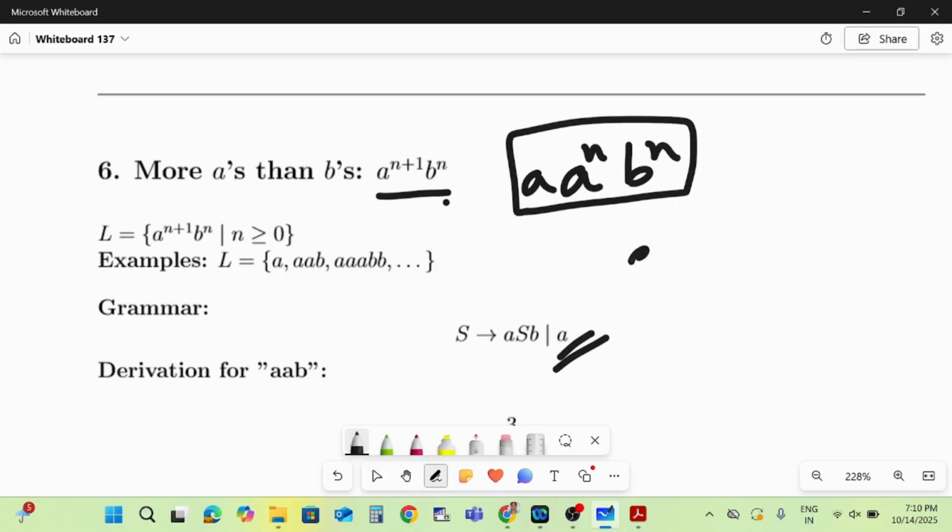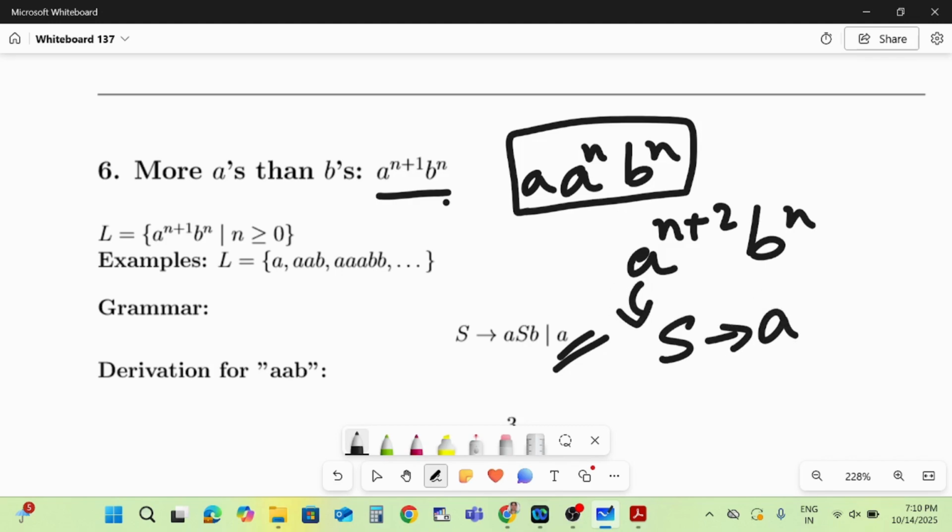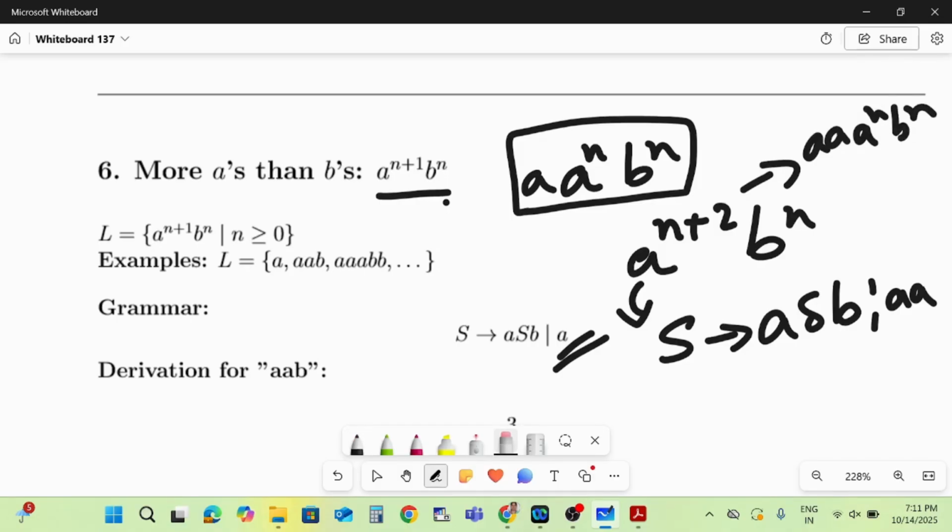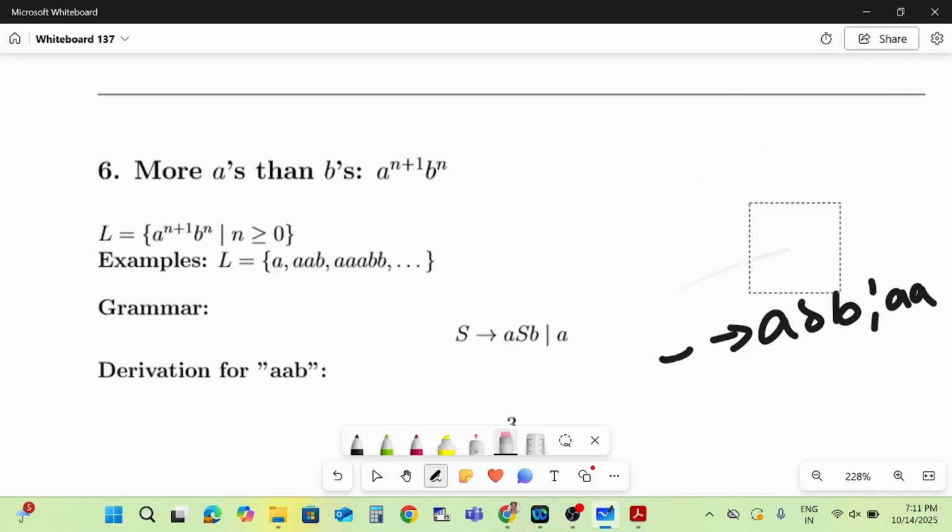Similarly, if it was a power n plus 2, b power n, the solution would be S tends to aSb and the terminator would be aa, because this can be written as aa followed by a power n and b power n. So this is how the grammar should be generated for a power n plus 1 and b power n.